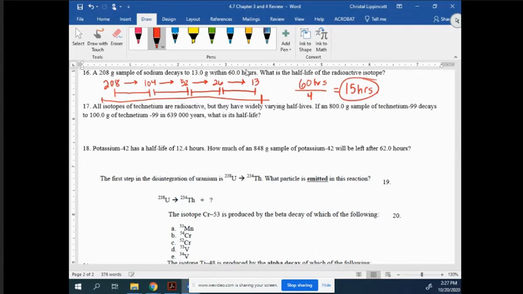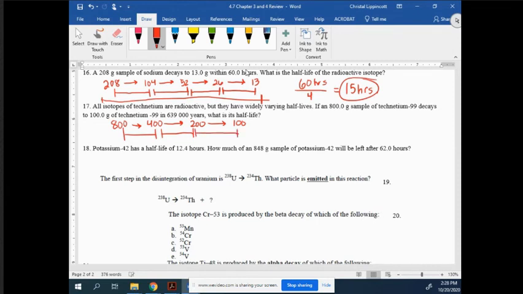Here we have an 800 gram sample. It's going to decay to 100 grams, and they want to know what its half-life is. So we have 800, 400, 200, and 100. Now, how many times did we divide that? 1, 2, 3.